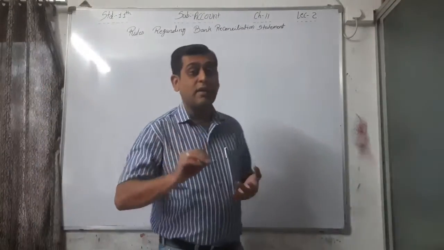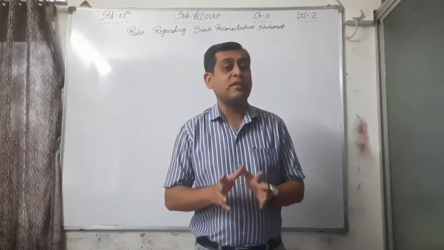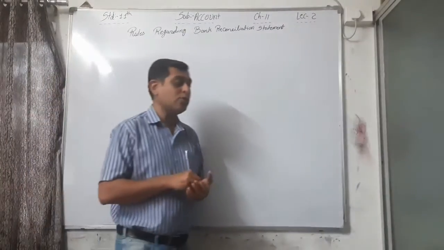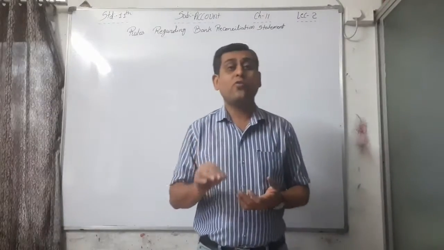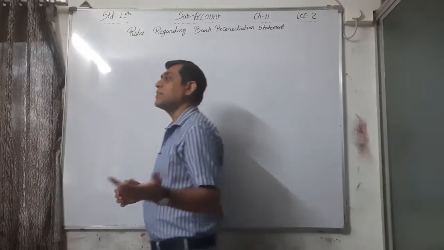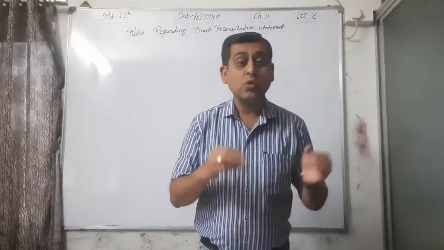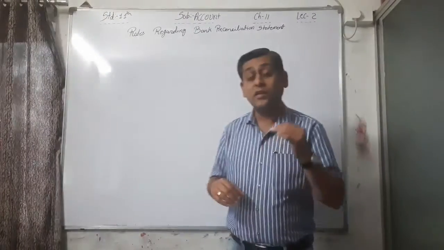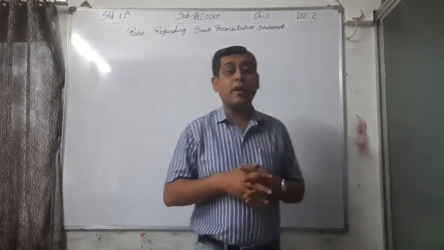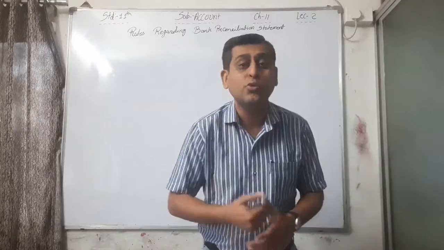That's why, on Friday, Saturday, Sunday, maybe second and fourth Saturday and Sunday, are holidays for the bank. If I deposit that particular check on Friday evening, between 4 to 5 p.m., and Saturday and Sunday are holidays, then my check goes for clearance on Monday, right? On Monday it goes for clearance, and it is transferred to my account on Tuesday.